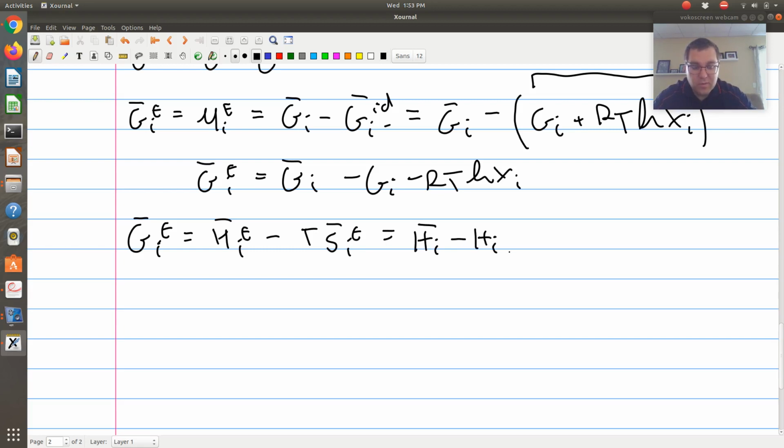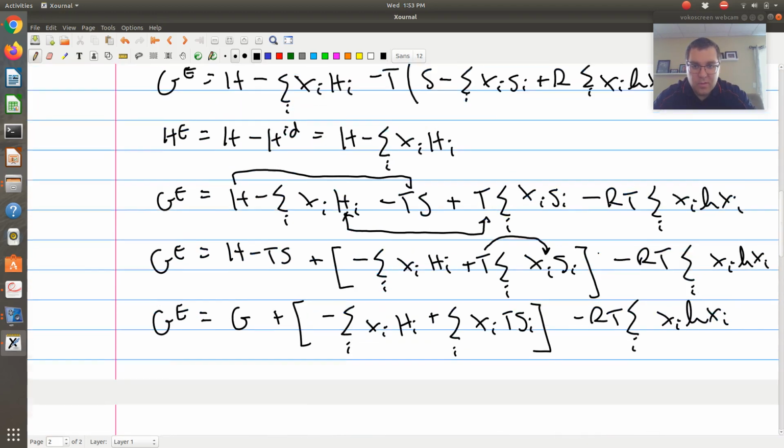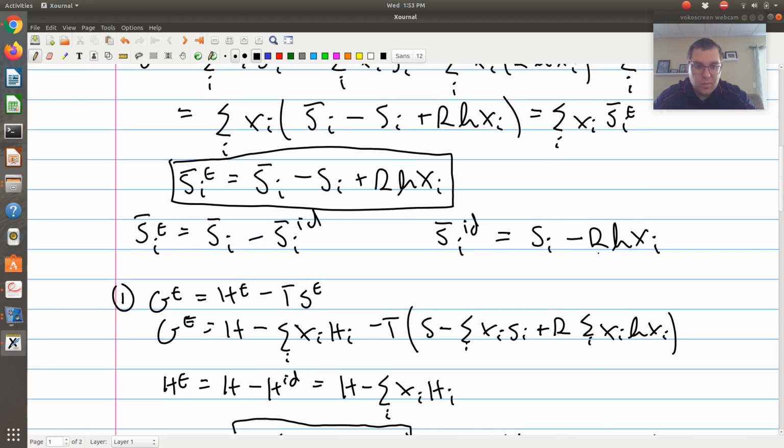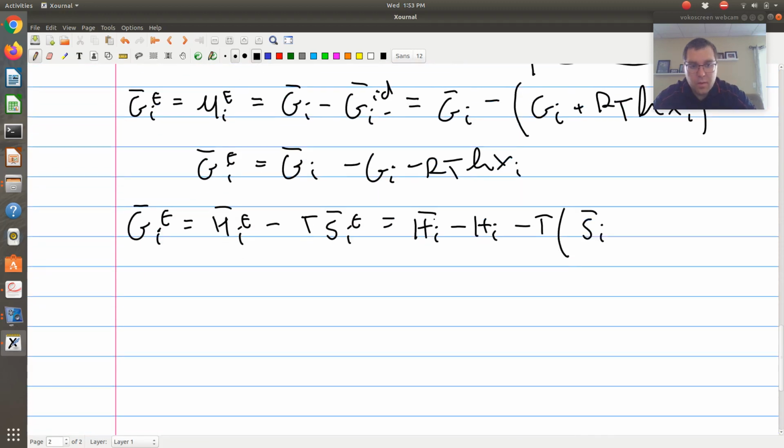Well, in an ideal solution, it's just Hi. Then it's minus T S bar iE, which is actual relative to that of an ideal solution. In an ideal solution, we have Si minus R log xi.